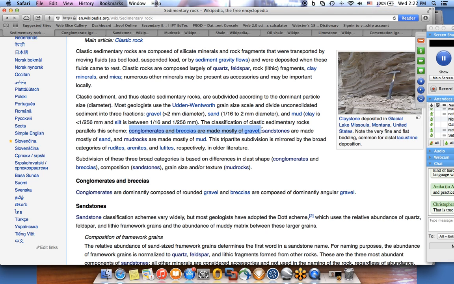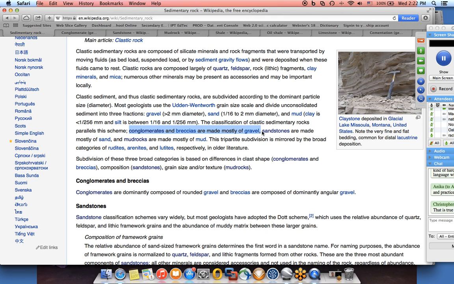So now I can see that sedimentary rocks made of gravel are called conglomerates and breccias. I still don't know what the difference between these two is, but I can find out.